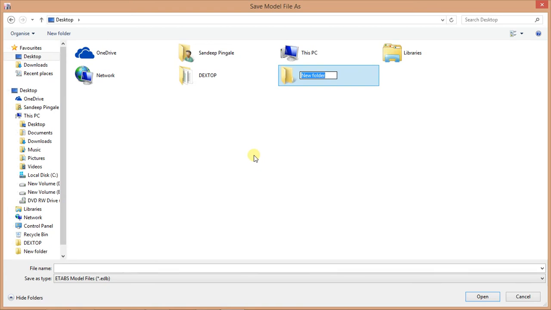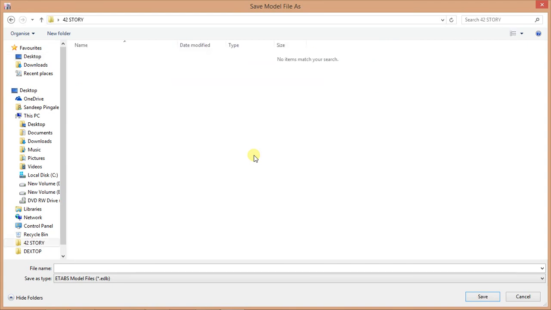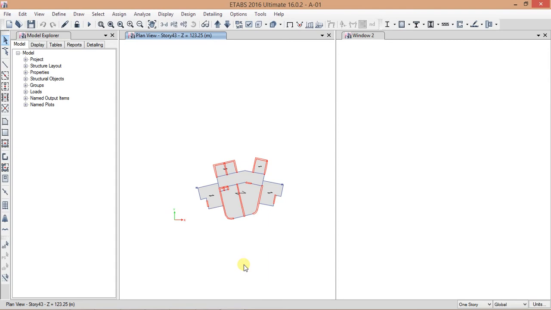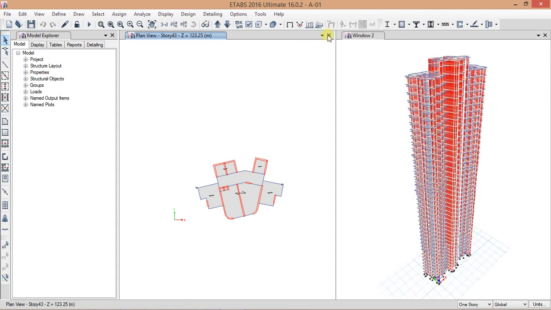So let's say 42 story. Okay, so let's say assignment 1. So you can see how quickly the model has got generated.